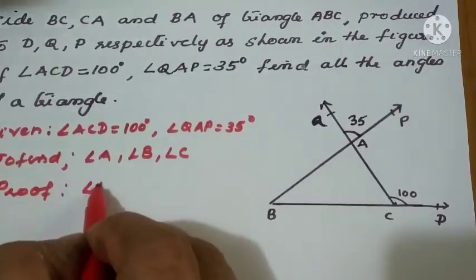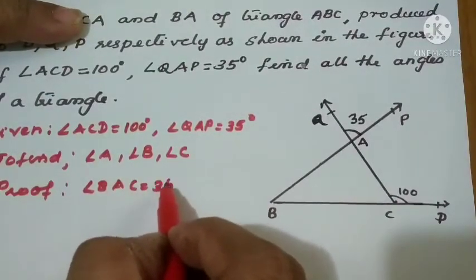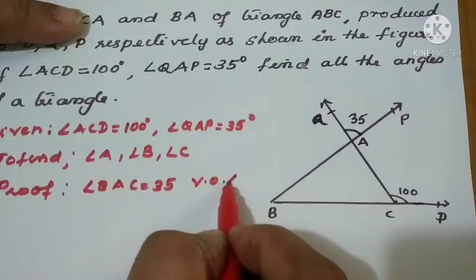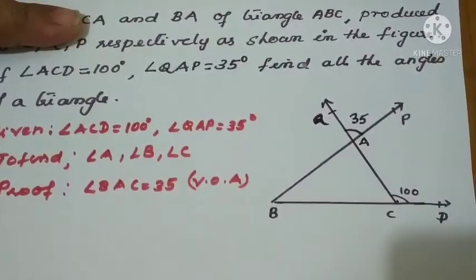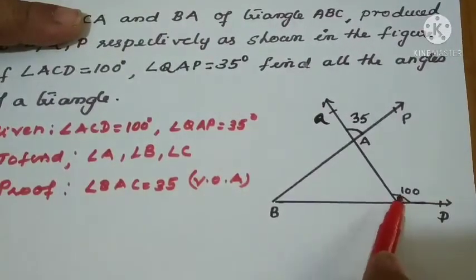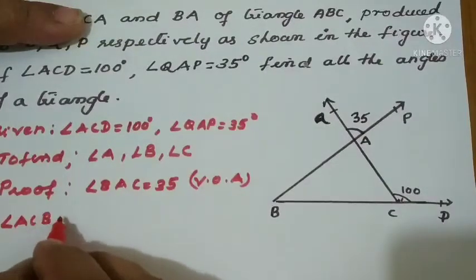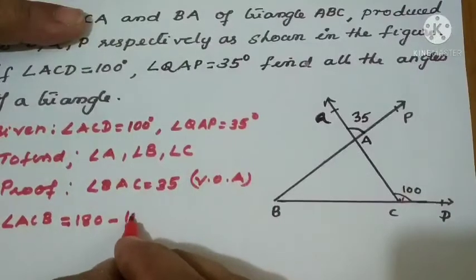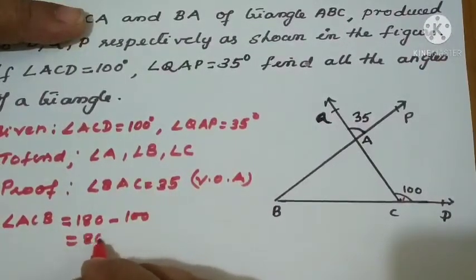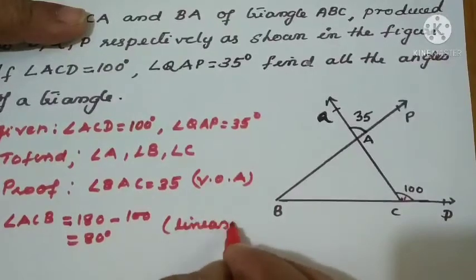Angle BAC equals 35, vertically opposite angle. Next, this is 100 degrees. So what about angle ACB? Angle ACB equals 180 minus 100 equals 80 degrees. What is the reason to be written? Linear pair axiom.